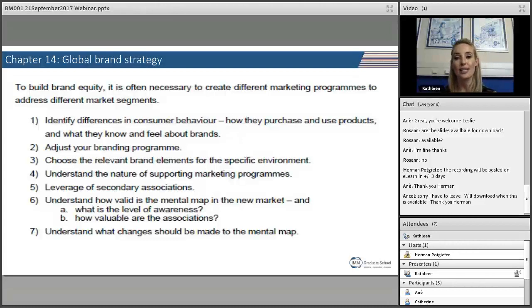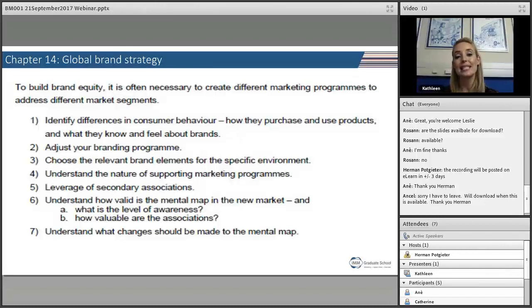We should then adjust our branding appropriately. We should then choose the appropriate brand elements for that market. So remember our brand elements are things like URL, brand image, brand logo, slogan, jingle, all of those things. So we may keep the logo, but we might change our slogan for a different market.